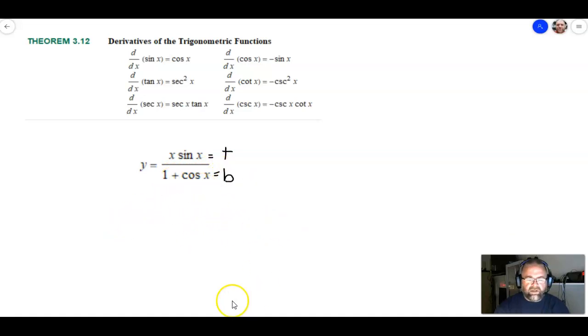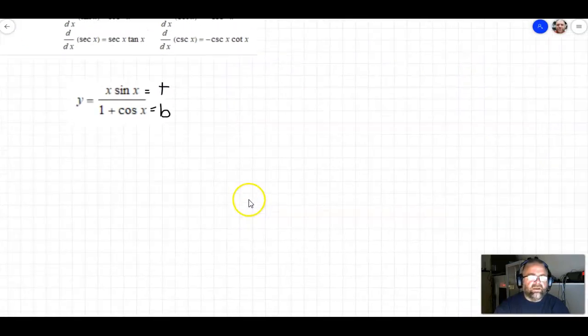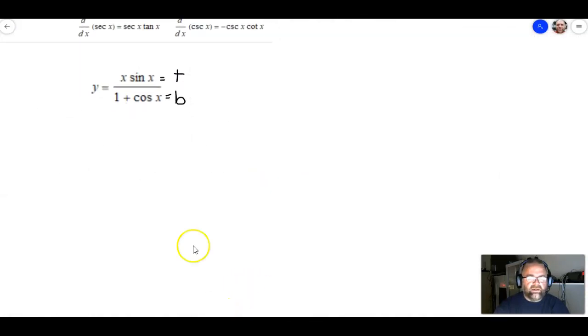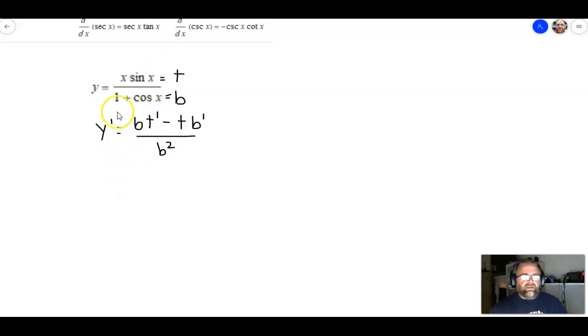Then we have our quotient formula for derivatives, which says y prime is equal to the bottom times the derivative of the top minus the top times the derivative of the bottom, all over the bottom squared. That is from section 3.4, I think. Yes, the quotient rule.